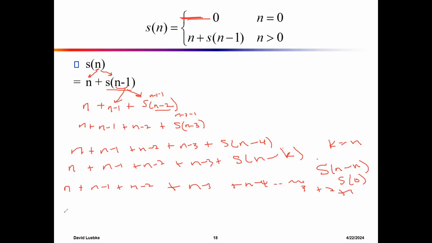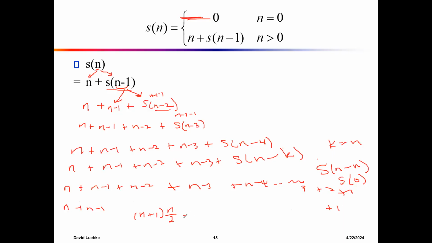And what if we add up from n plus n minus 1 and so on all the way down to 1? Anybody remember how that works? We added up 1 to n. It's the first plus the last, n plus 1, multiplied by the number of items, which is n over 2.